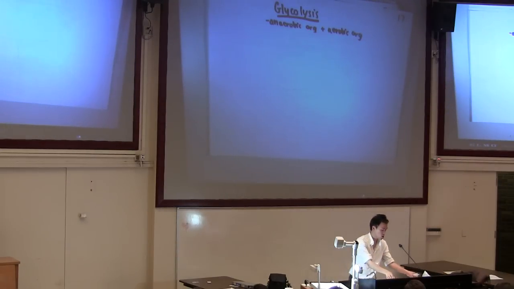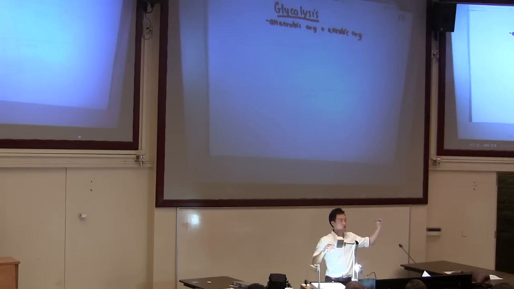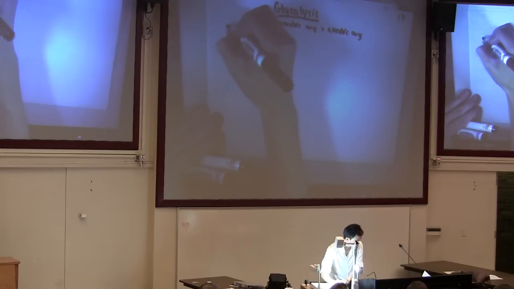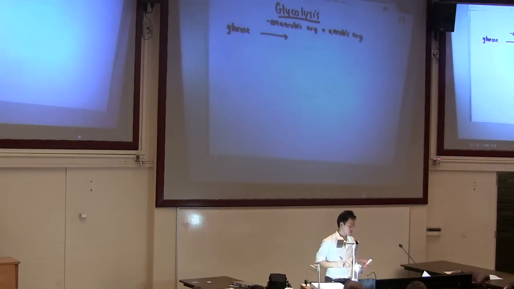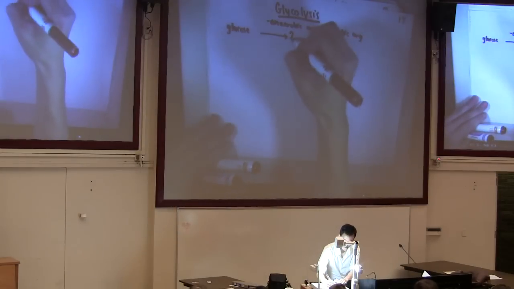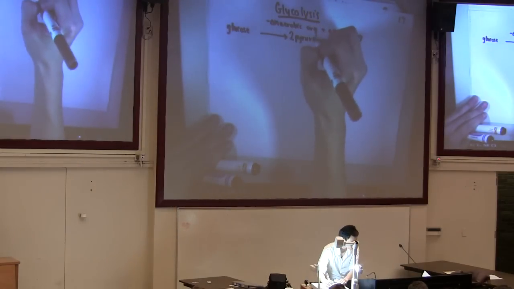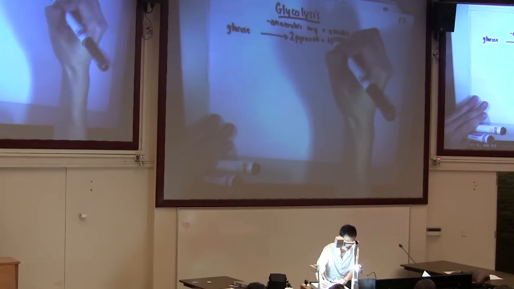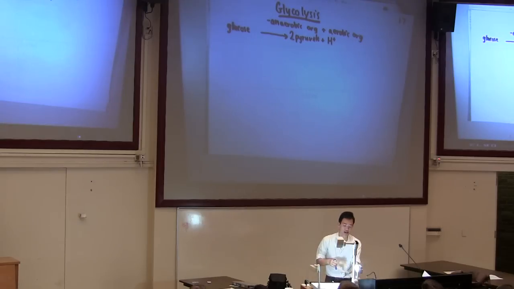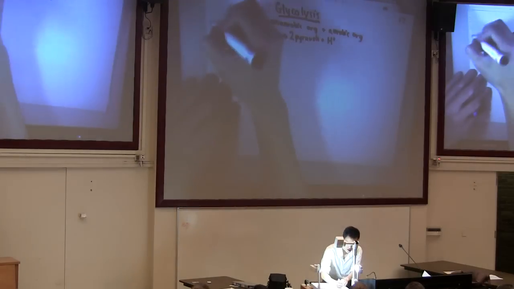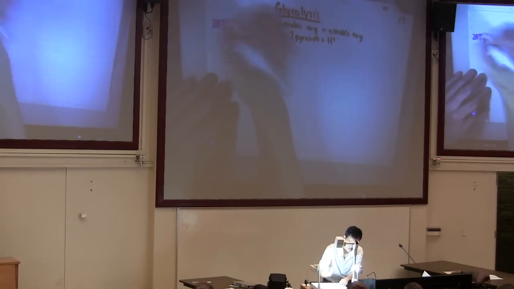Can y'all tell me the overall process? What do you start off with? Glucose, which is produced in photosynthesis, right? So glucose is converted to what? 2 molecules of pyruvate plus hydrogen ions. Okay? How much ATP is put in? 2 molecules of ATP.